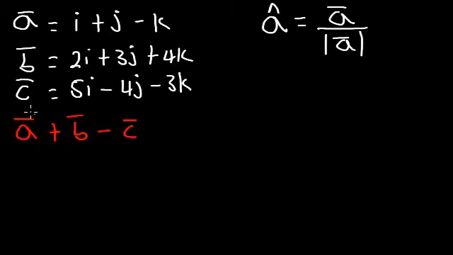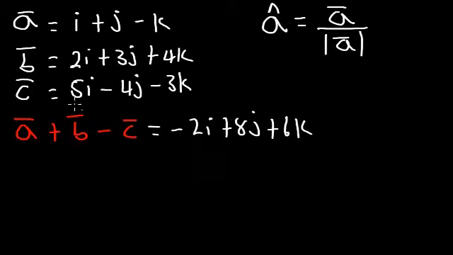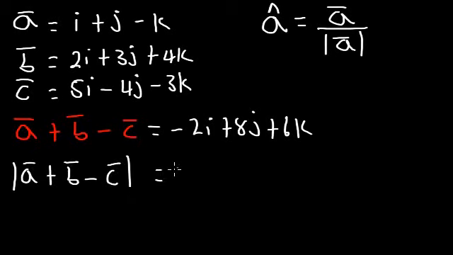Okay, so earlier we got this vector to be equal to negative 2i plus 8j plus 6k. To determine its unit vector, generally, we need its magnitude. And to determine its magnitude, that's not something new anymore.